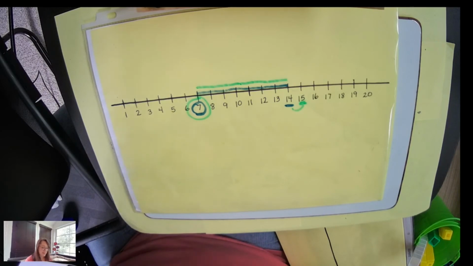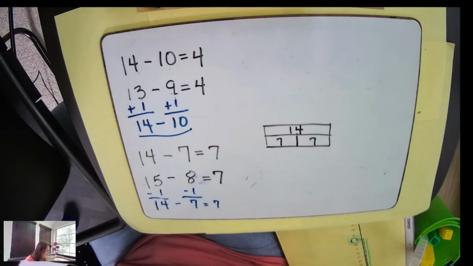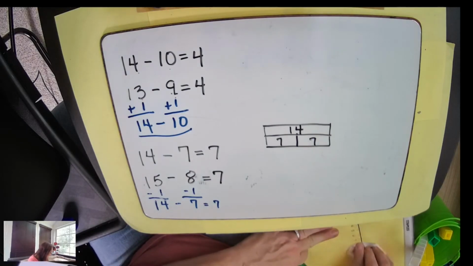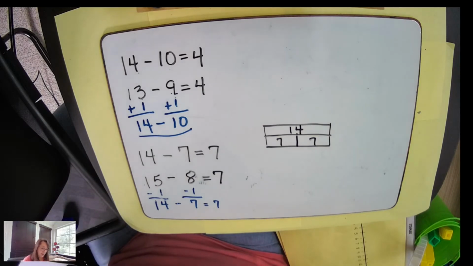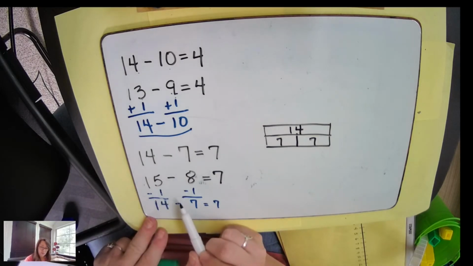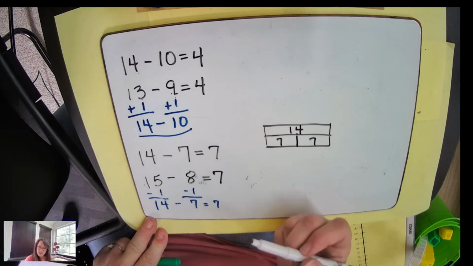That's really interesting. So keeping a constant difference between the numbers that you're subtracting by adjusting each one of the numbers in the problem by the same amount results in the same answer.